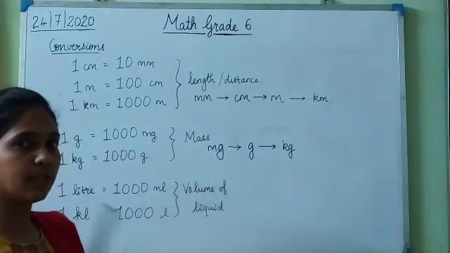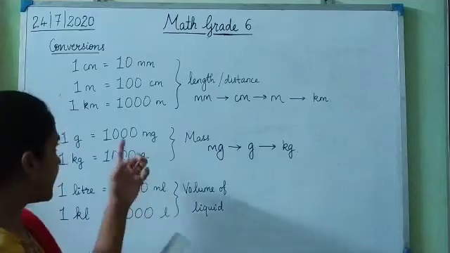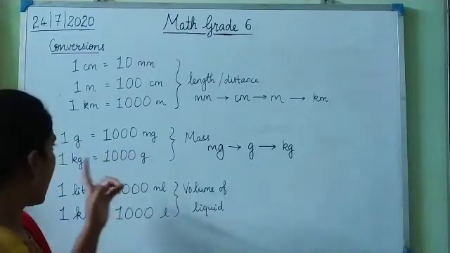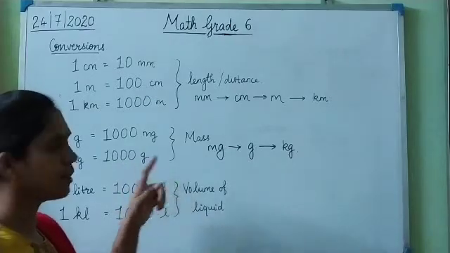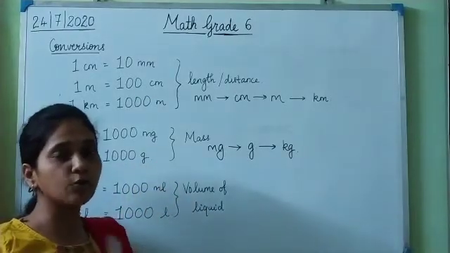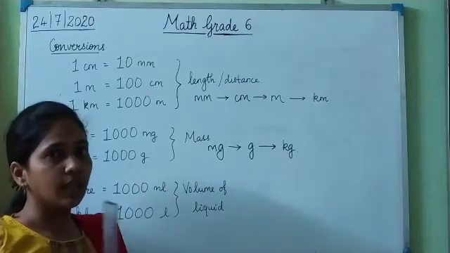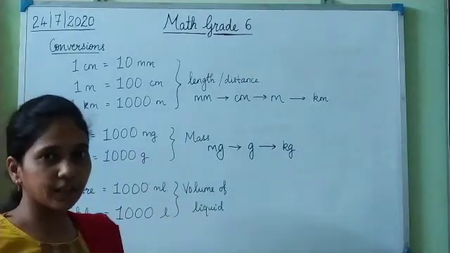If we join 1000 milligrams of mass together, then it will be equal to 1 gram. And 1 kilogram is equal to 1000 grams. If we take together 1000 grams of mass, it will be equal to 1 kilogram.